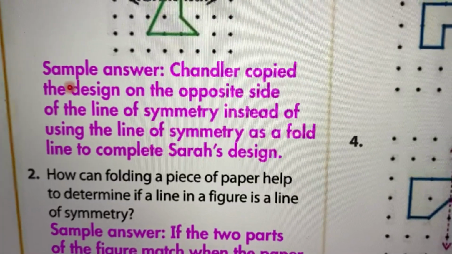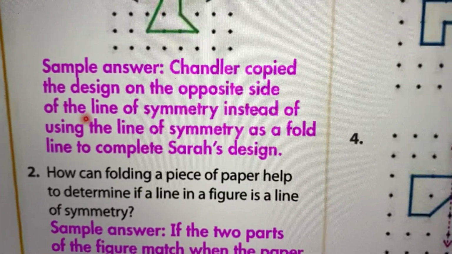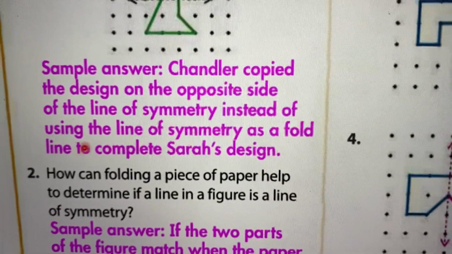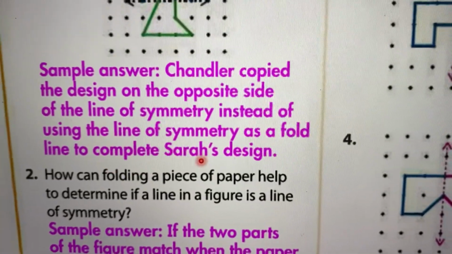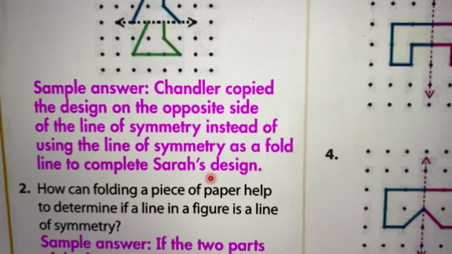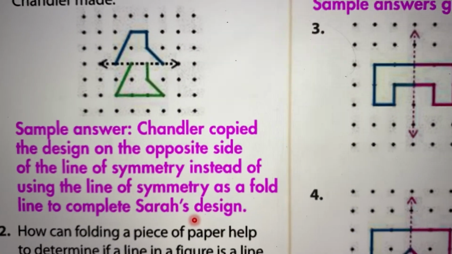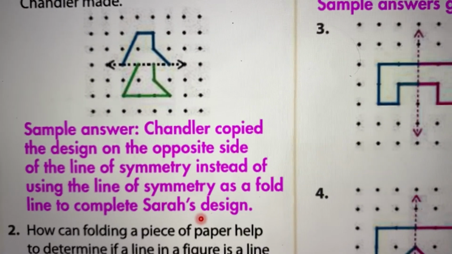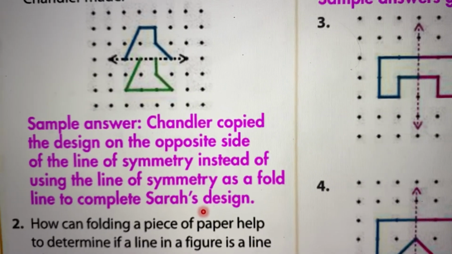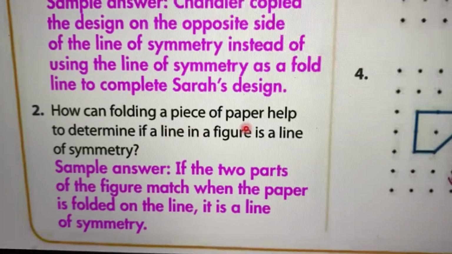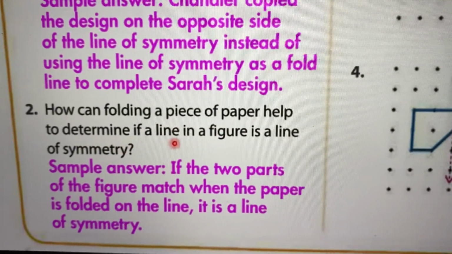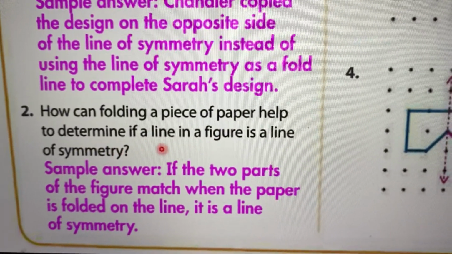Chandler copied the design on the opposite side of the line of symmetry instead of using the line of symmetry as a fold line to complete Sarah's design, as I told you. Imagine that you're folding the line, okay? When you're drawing, imagine that you're folding the paper. How can folding a piece of paper help to determine if a line in a figure is a line of symmetry?